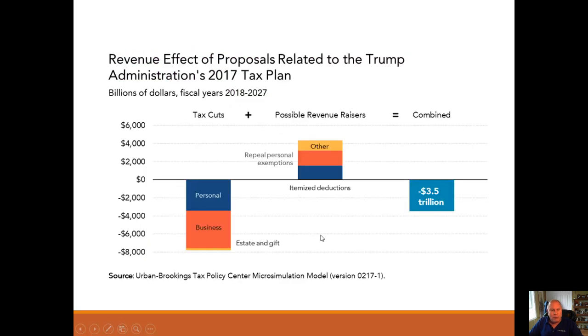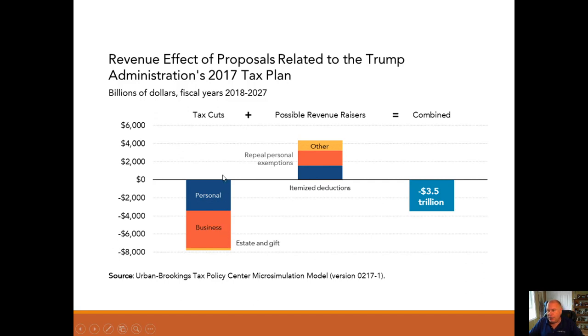When we look at this in billions of dollars, when we look at the tax cuts over the next 10 years, what we see is that we're going to lose about a trillion dollars in revenue. So this is revenue that the country would have taken in based on the old tax rate. You can see the majority of that is business.